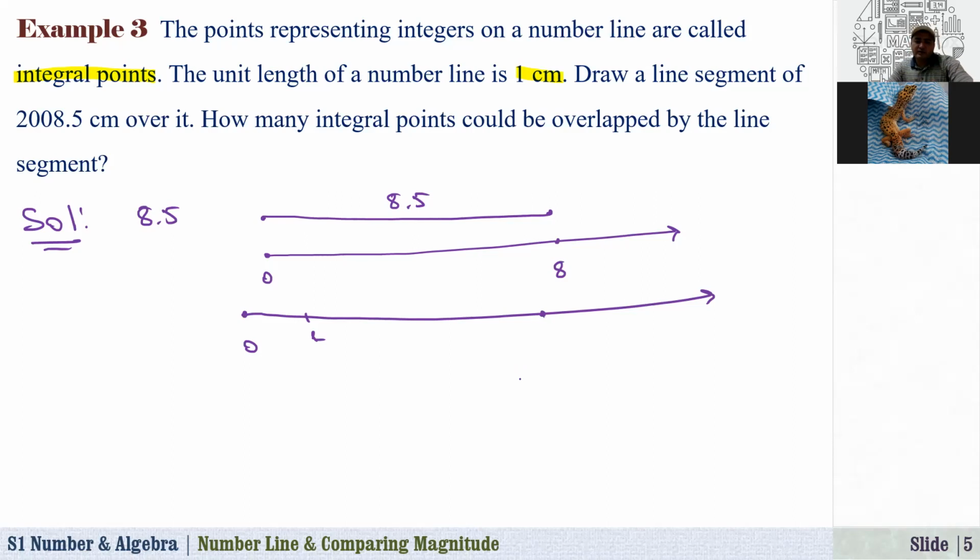In either case, how many points will we have? In the first case, starting from 0, we have 1, 2, 3, 4, 5, 6, 7, 8.